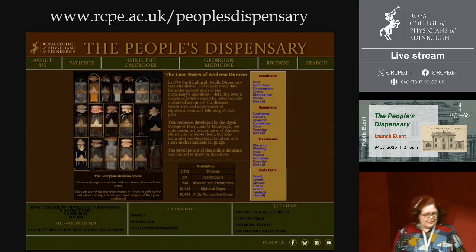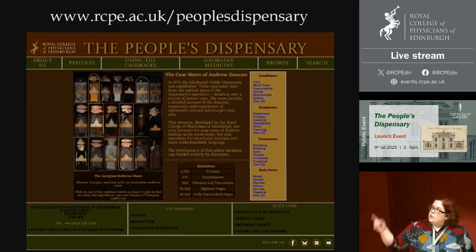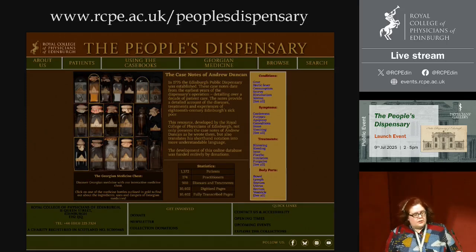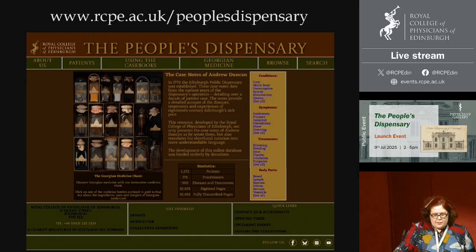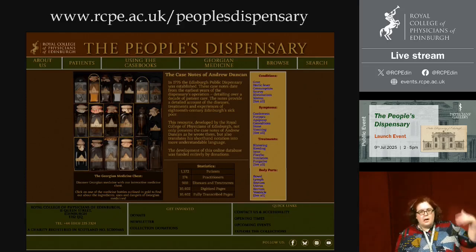And so we very intentionally prepared ourselves for that. So you'll see on the homepage a few statistics. There are 1,372 patients. There are more individual cases than that, but if you imagine some patients are coming back for repeat visits, so that's 1,372 individuals.